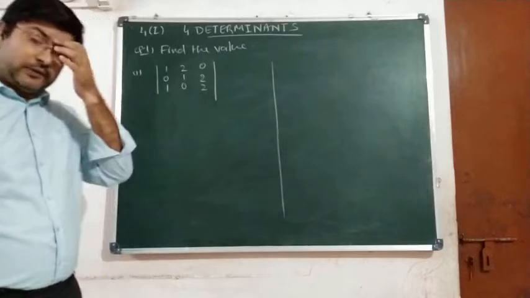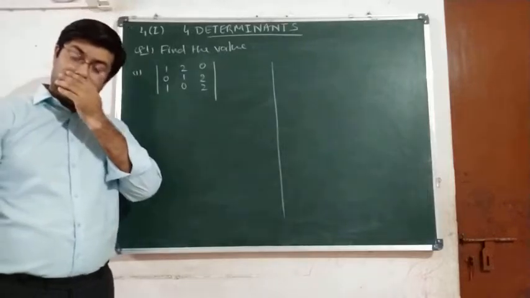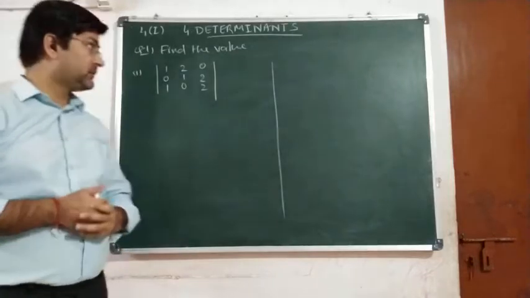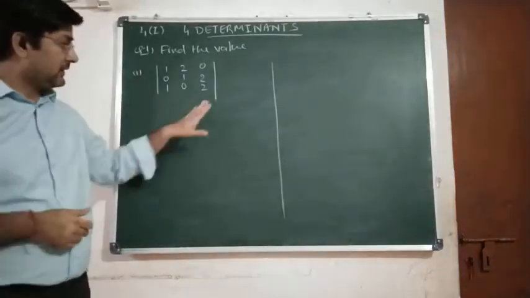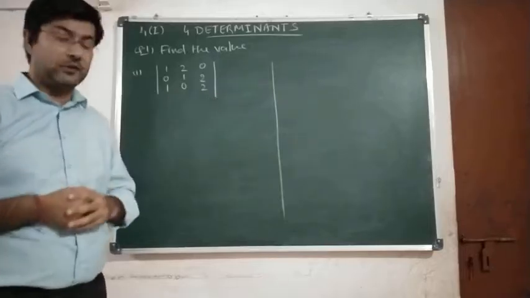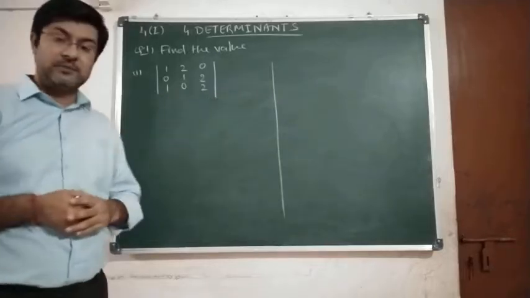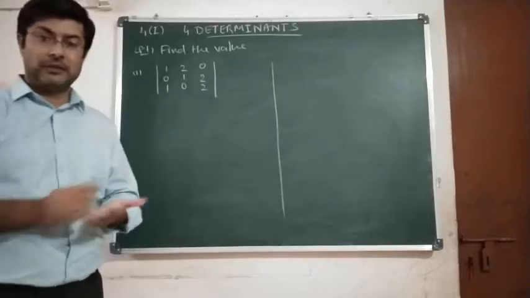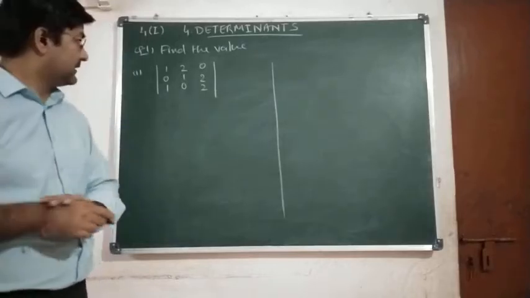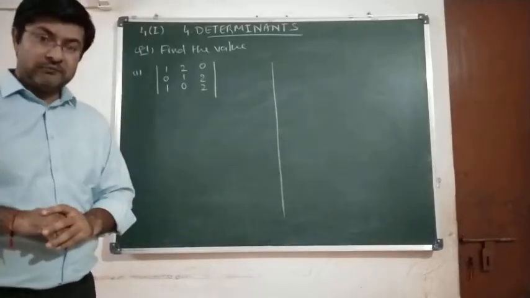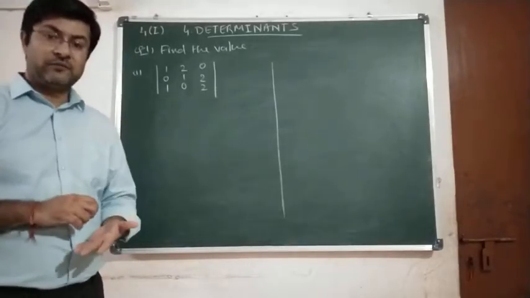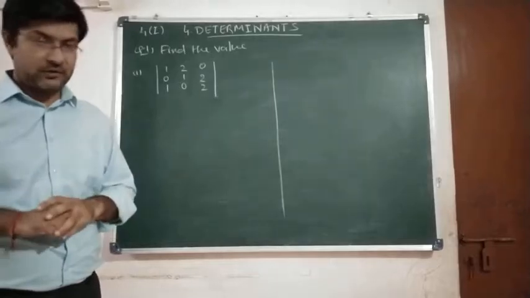In the earlier explanatory videos we have seen that we can expand in order to find the value of the given determinant. We can expand this determinant along any row or column. Generally we will select a row or column which contains the highest number of zeros.